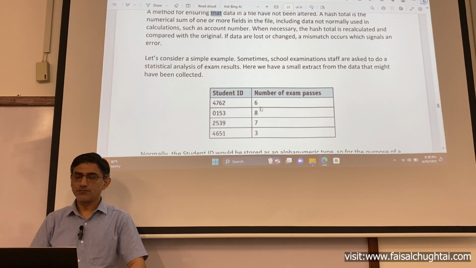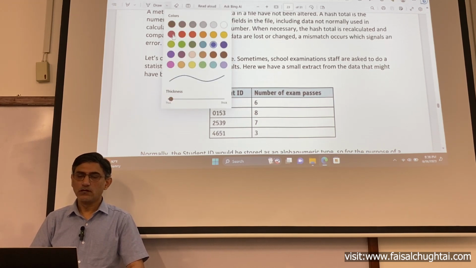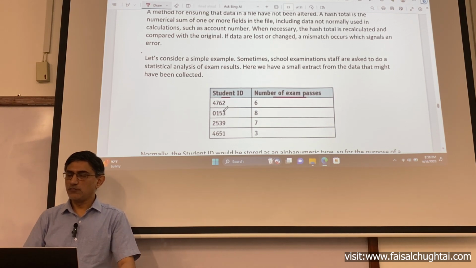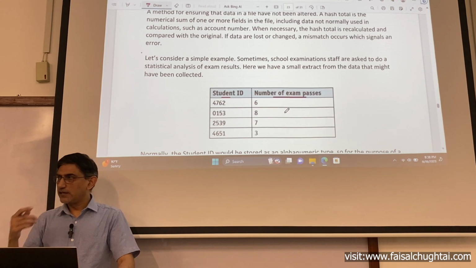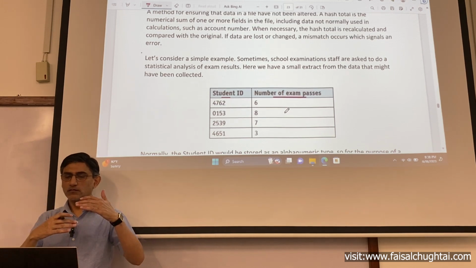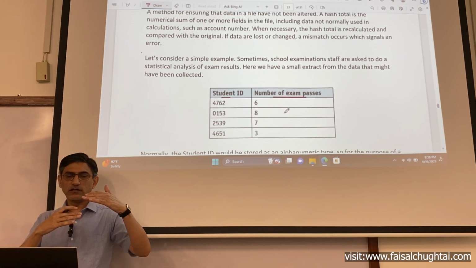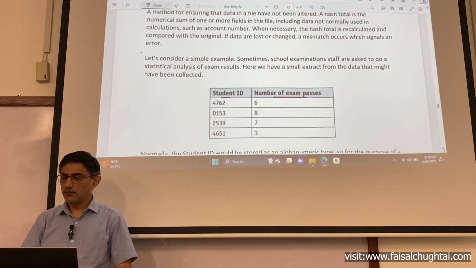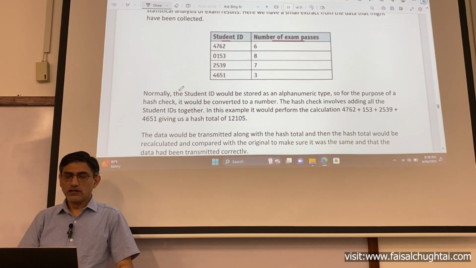If you look at this, you could see that there are two columns: student ID, and of course the number of exam passes. Now this data can be used to add up and come up to a certain hash total. It says normally the student ID would be stored as alphanumeric type.